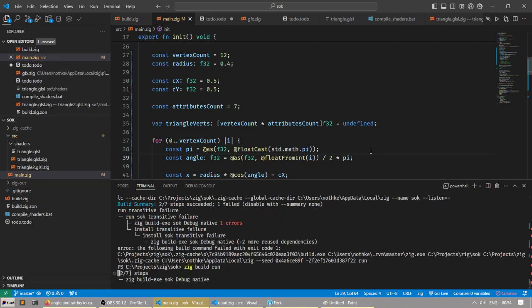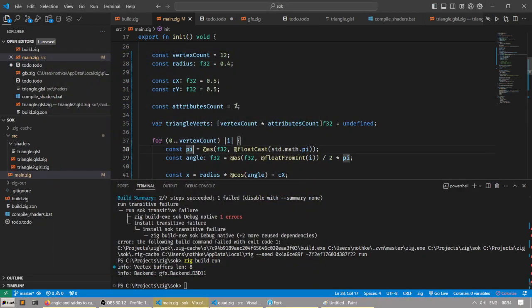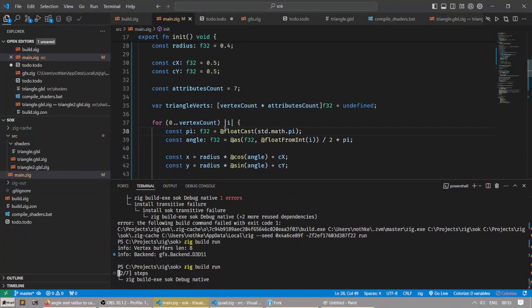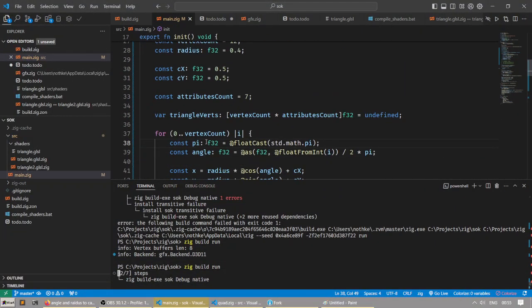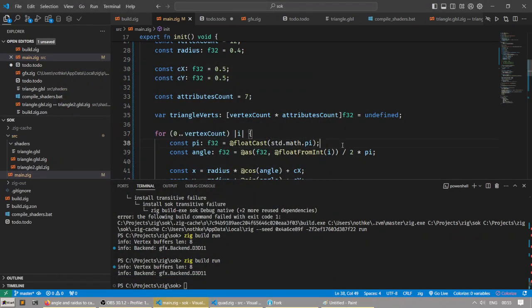Okay. Yeah, this should work. You don't need to have an as F32 if you have F32 here. So you can actually remove that and then it will automatically float cast because it can coerce, it can infer what type it is casting to, as you can see. So that is pretty cool.